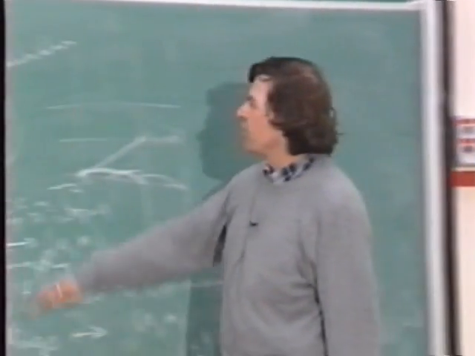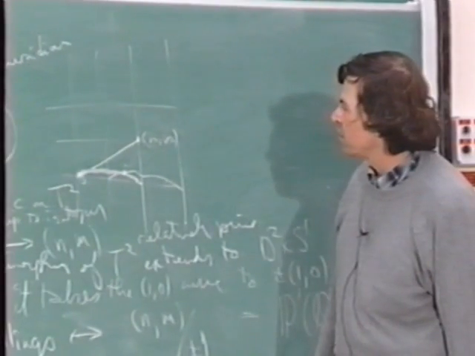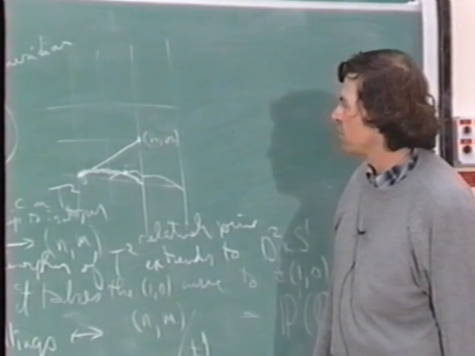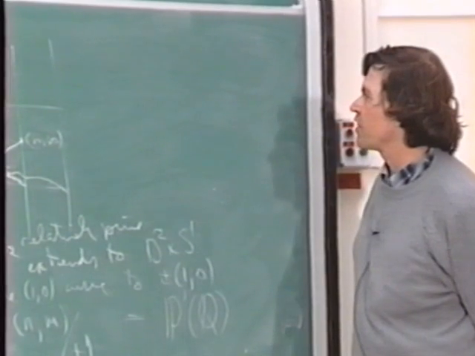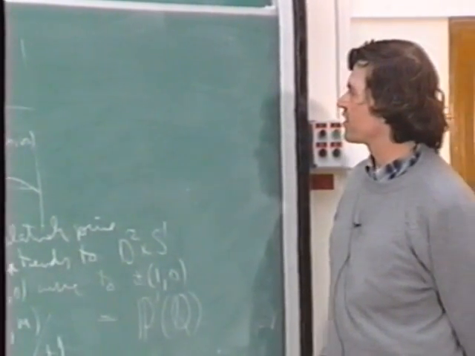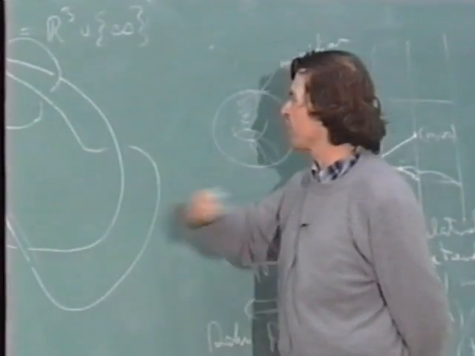So in other words, for any knot, such as this knot, there's an infinite number of ways, if I drill out the knot and then plug it back in.